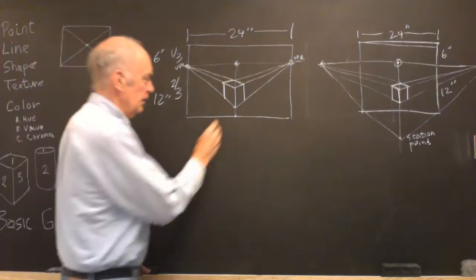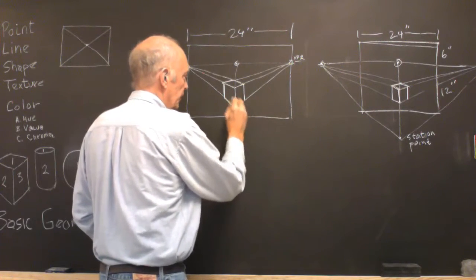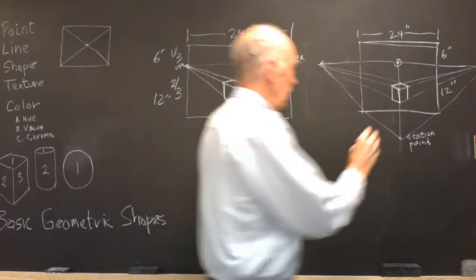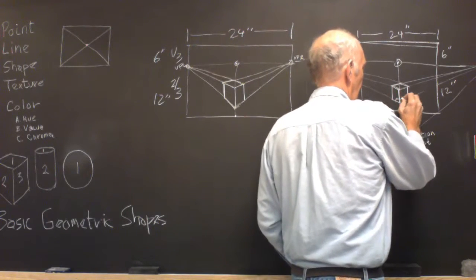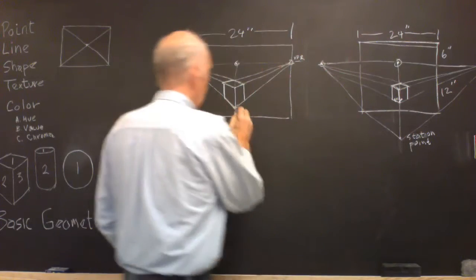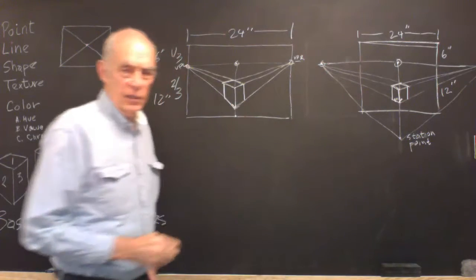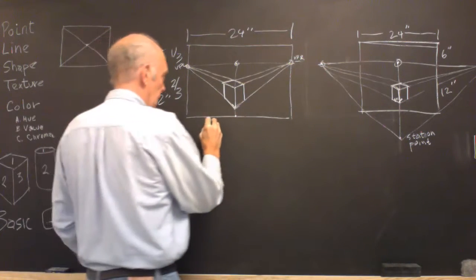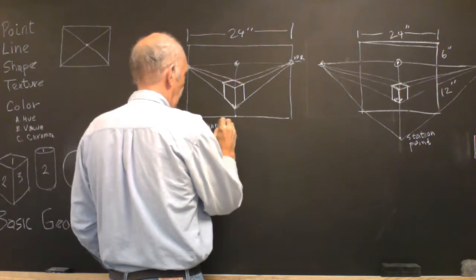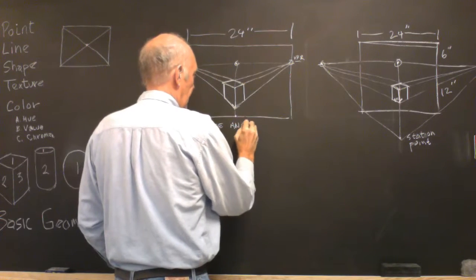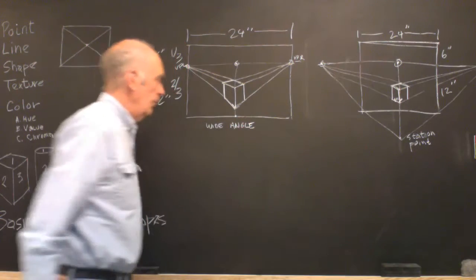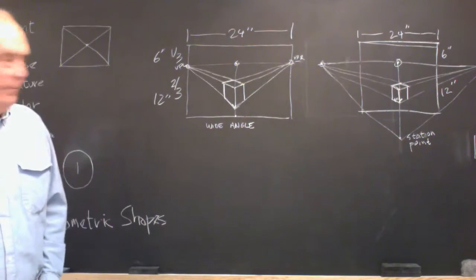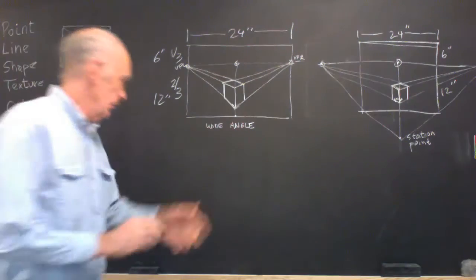You see this angle here, and this angle here. This one is more distorted. So this is a wide angle. Two-point perspective block drawing. Now I'm going to erase this one over here.